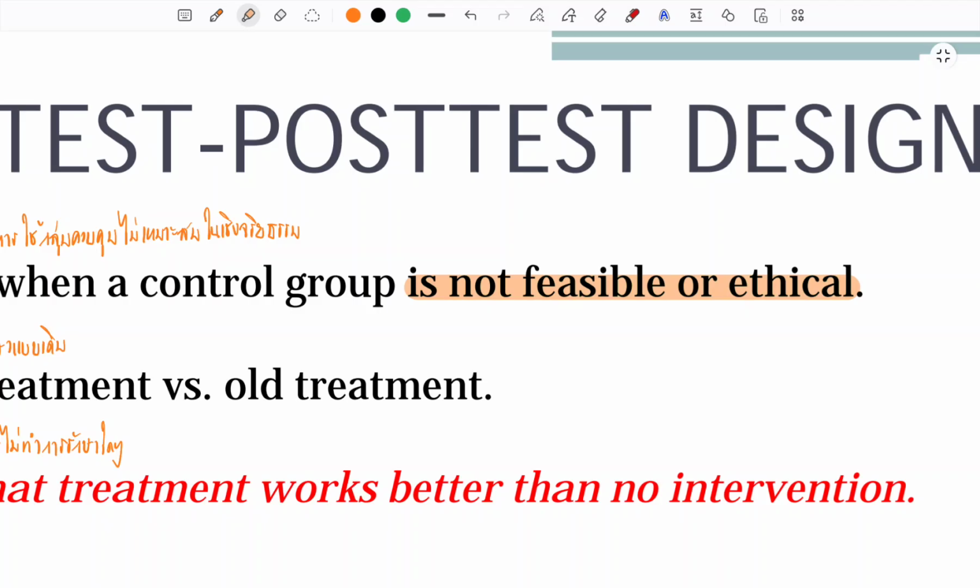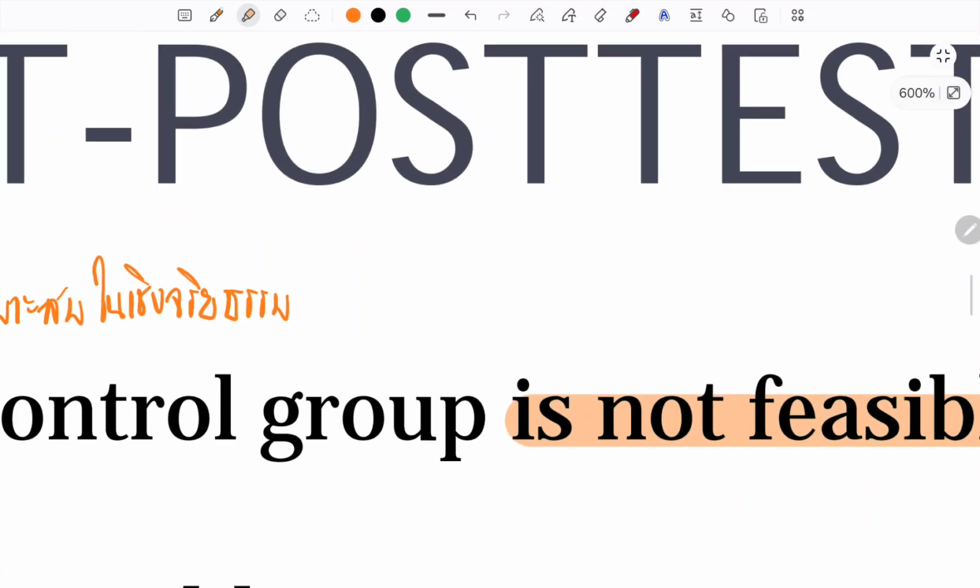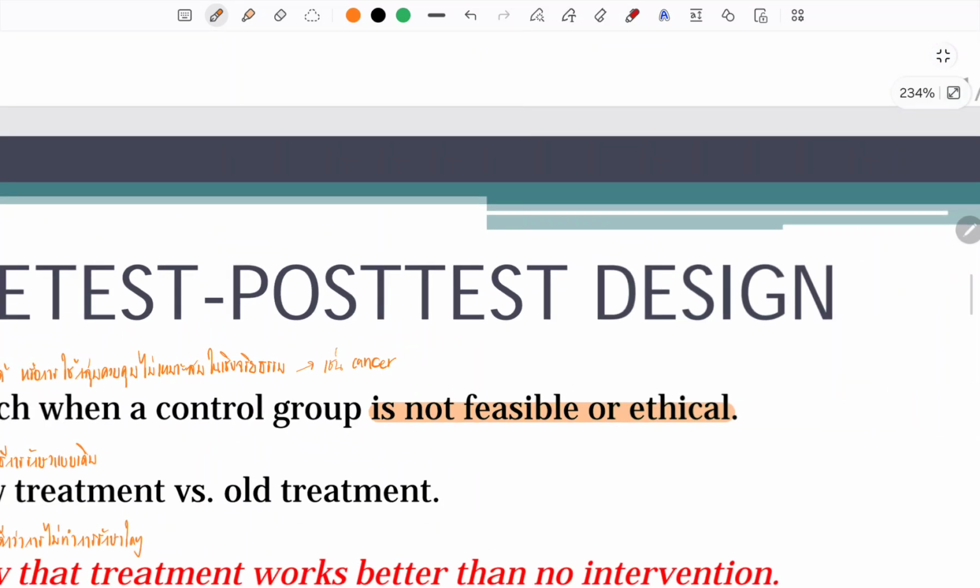You mean vaccination? Okay. Actually, for example, patients who are in serious condition, like very serious cancer, if you do not provide them any medicine or any treatment, it may be unethical, right? So in that case, you will not have any control group.